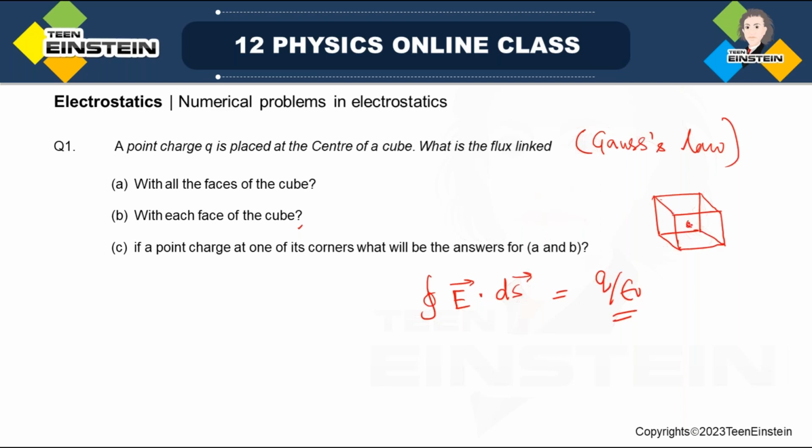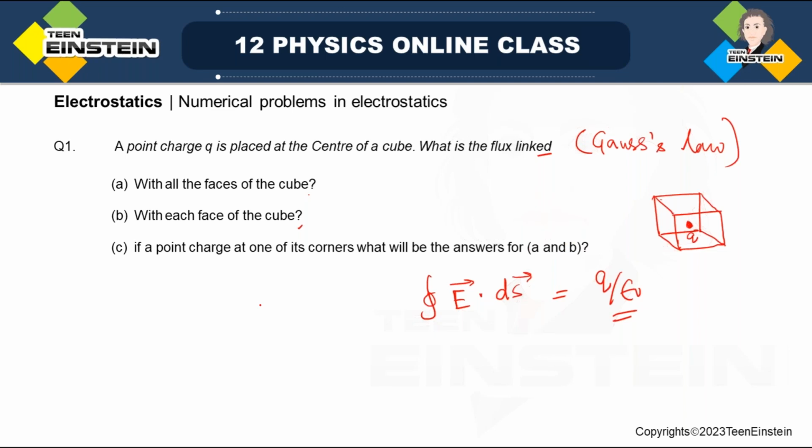If you keep a charge exactly at the center of the cube, so the charge is q. If you keep this q charge at the center of the cube, then what will be the flux linked with all the faces of the cube?